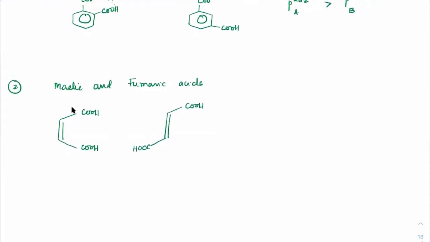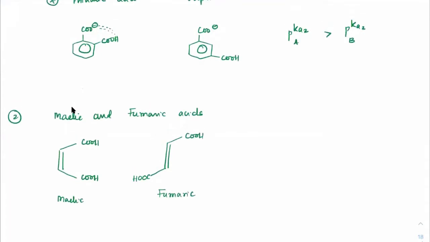Apply the same logic and tell me about the pKa1 of maleic and pKa1 of fumaric, and pKa2 of maleic and pKa2 of fumaric. Now compare the first one: maleic is less than fumaric. Very good. And the second one, maleic will be greater, which means it will be less acidic because it will have hydrogen bonding.